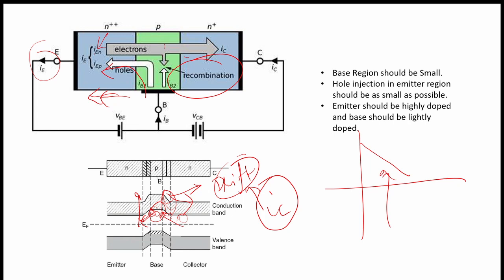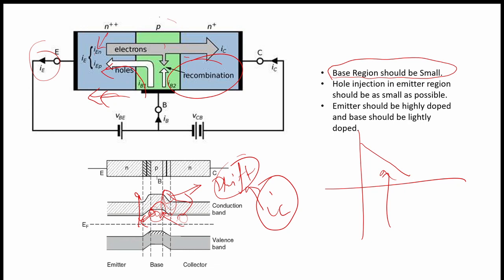We just want this as least as possible. We cannot reduce it completely, but how can we reduce these things? Okay, the recombination current we can reduce by decreasing the width of this base region.